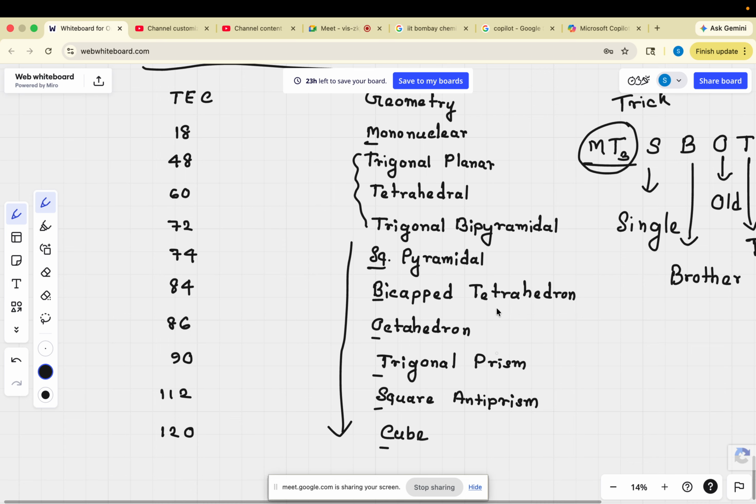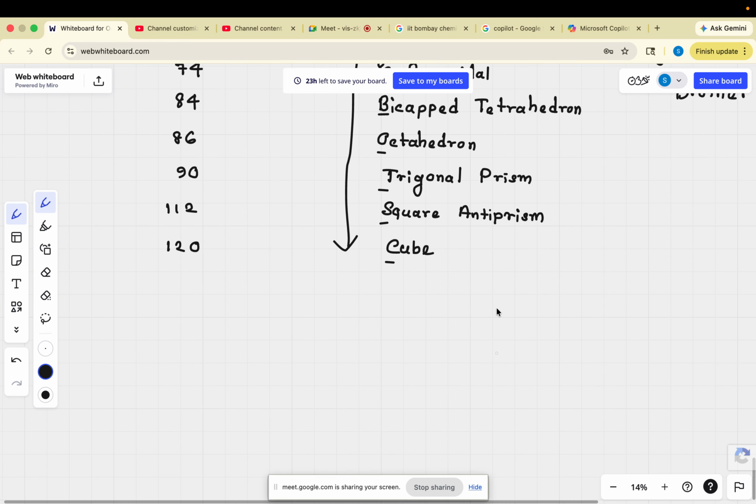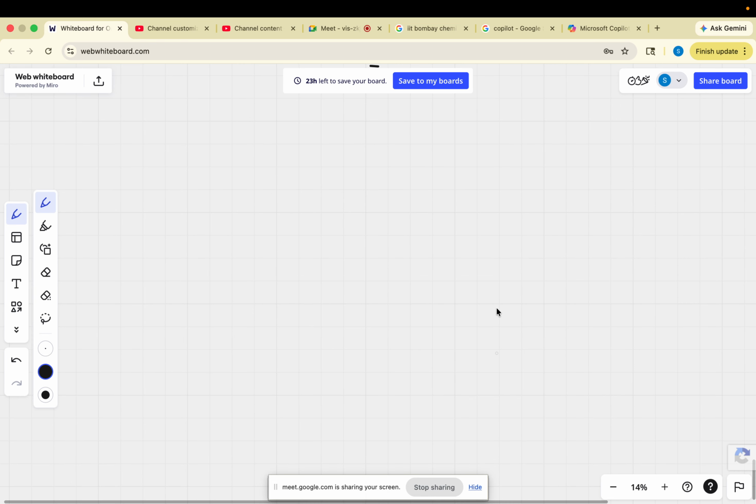In case the total valence electron count is 76, what is the geometry? That time it will not be here. That time you cannot guess. But if the total electron count value lies within this region, if you are getting these values only, then you can predict. Otherwise we cannot predict. In books also they have not mentioned.